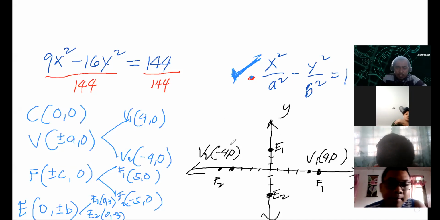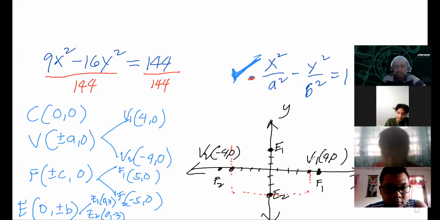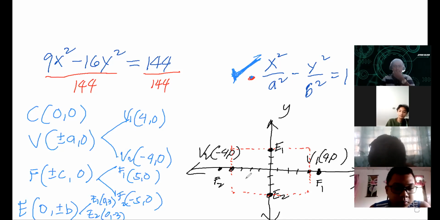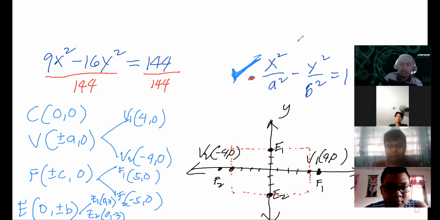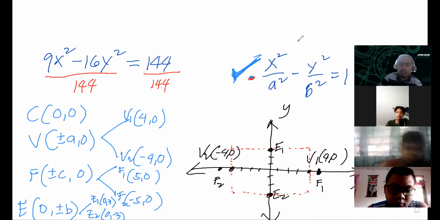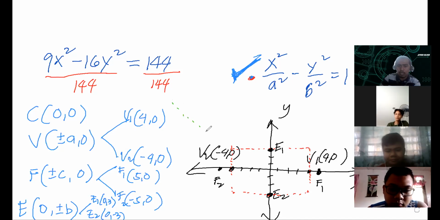So, what you will be doing is, you are going to draw a rectangle here, right? An imaginary rectangle that passes through your extremities and vertices. Okay? Then after that, you will be constructing your asymptotic line.